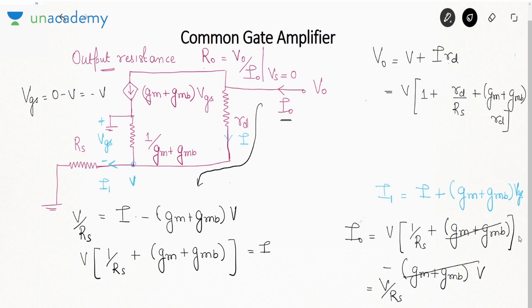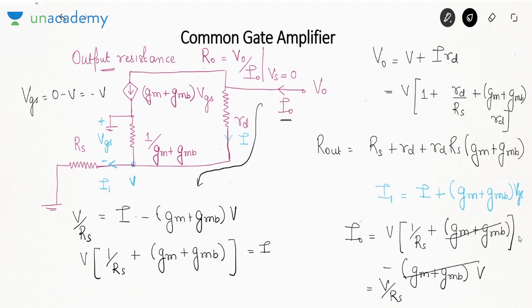Now if you take V0 by I0, V will get cancelled out. So it will be RS plus RD plus RD RS (Gm plus GmB). So that will be the value of output resistance. Is it fine?